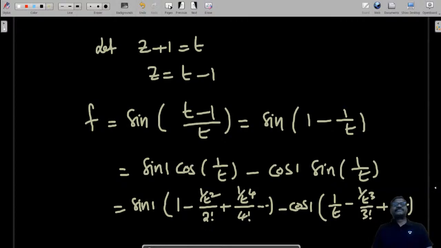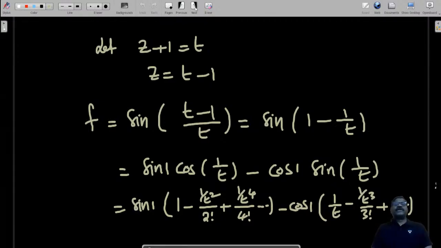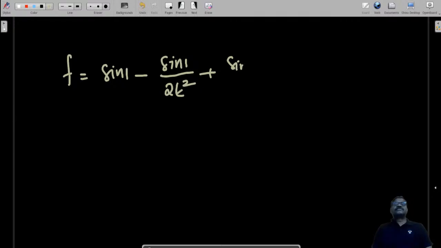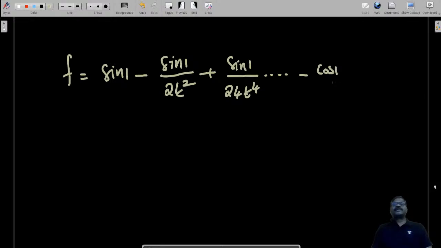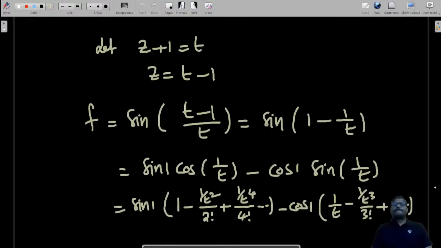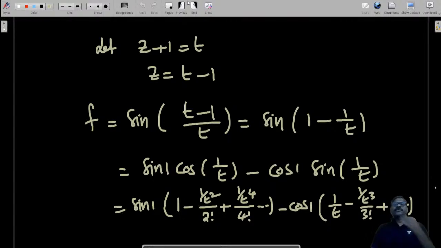That is nothing but, f is sine 1 into cos 1 by t minus cos 1 into sine 1 by t, which expands to sine 1 minus sine 1 by 2t square plus sine 1 by 24 t power 4 minus cos 1 by t plus cos 1 by 6t cube.